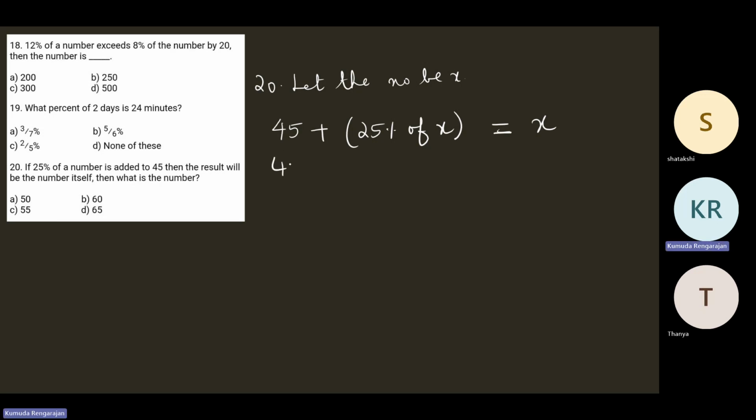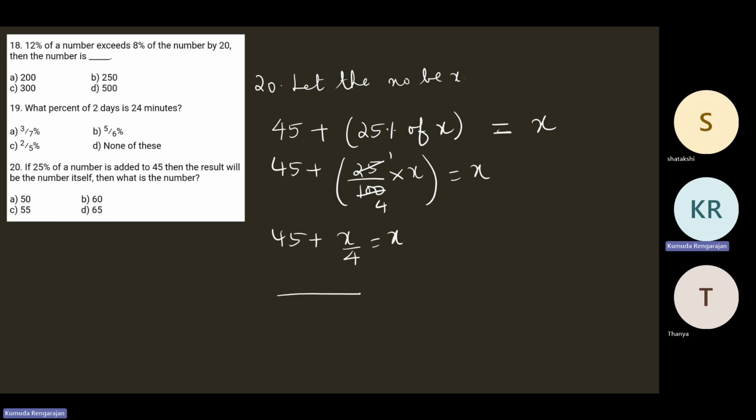So let's solve this. 45 plus 25 by 100 into x is equal to x. So 45 plus, you can cancel 25 and 100, so you get x by 4 is equal to x. LCM: 180 plus x is equal to x.